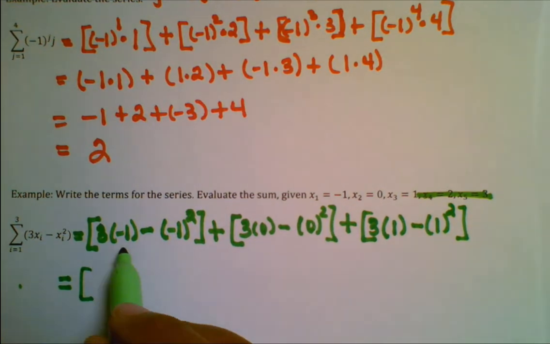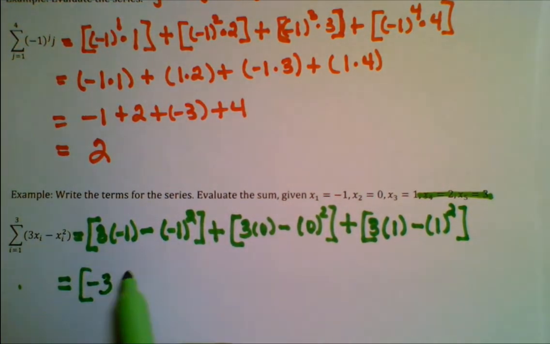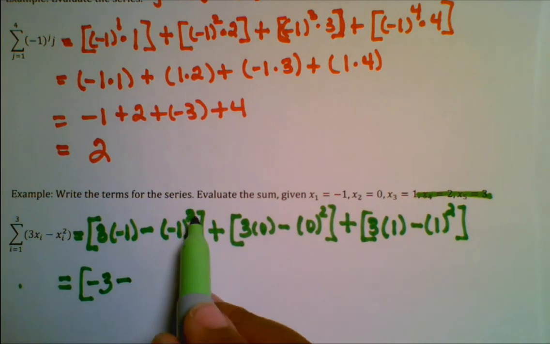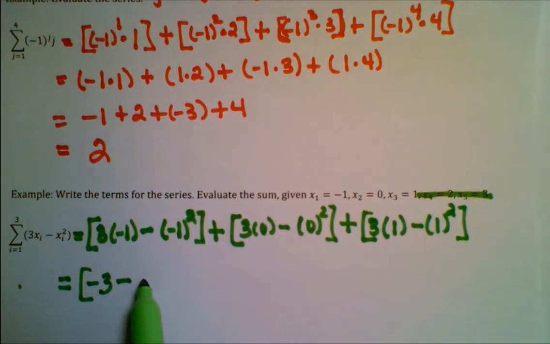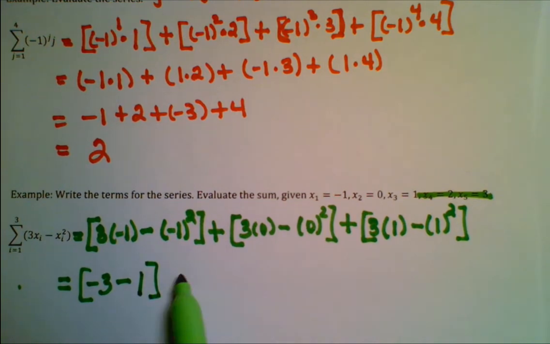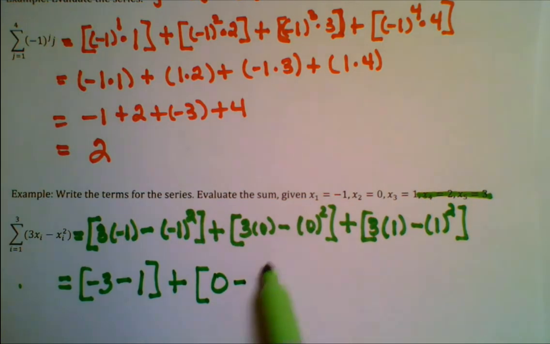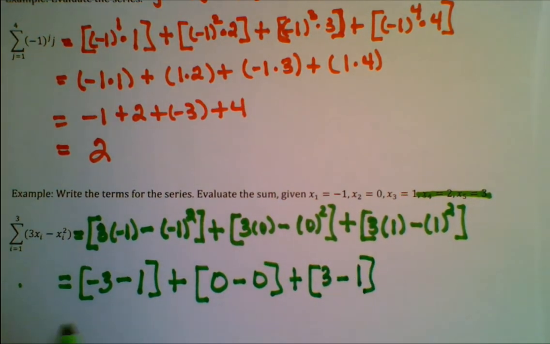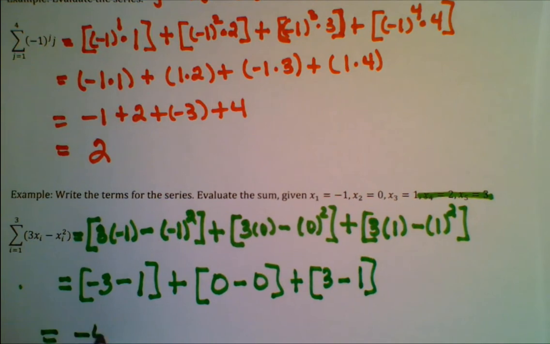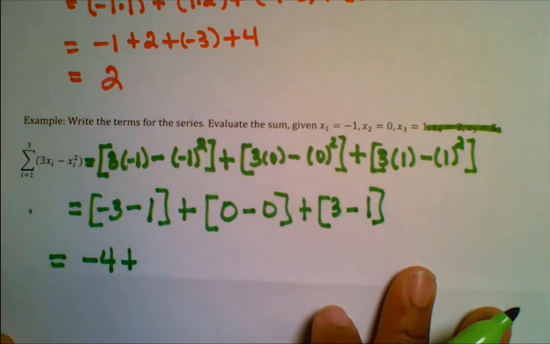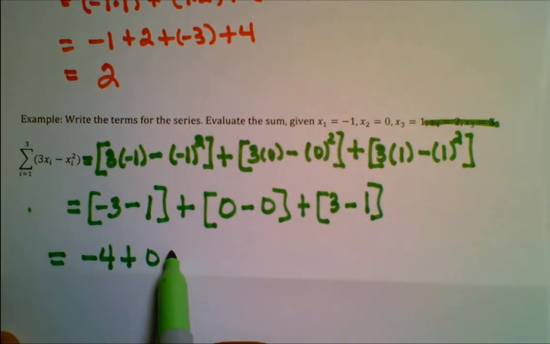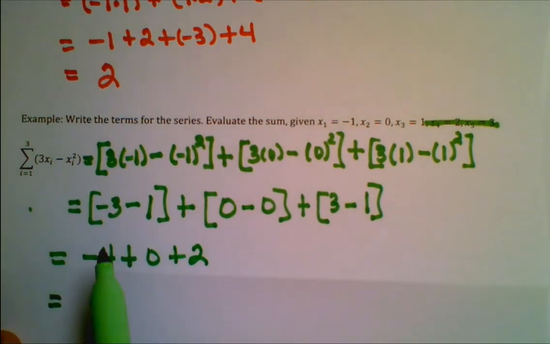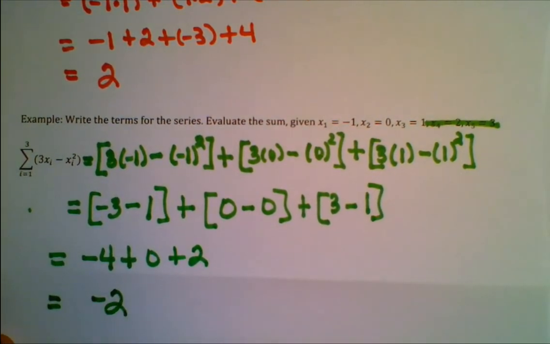We have here 3 times negative 1, that's negative 3, minus the quantity of negative 1 squared here, that gives us positive 1, so we would just say 1, plus the middle term, 3 times 0 is 0 minus 0 squared, that's 0, plus 3 times 1 is 3 minus 1 squared, that is 1. And then we have negative 4 plus 0 plus 2. And adding those terms together, we have a value of negative 2.